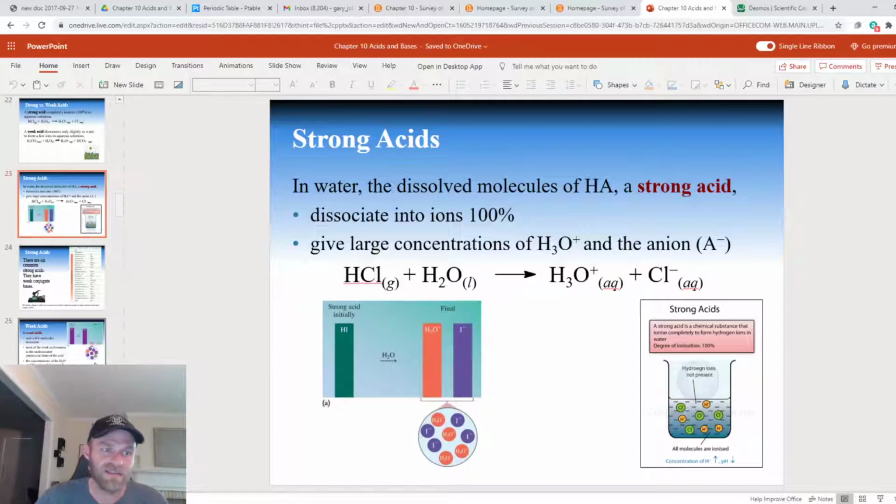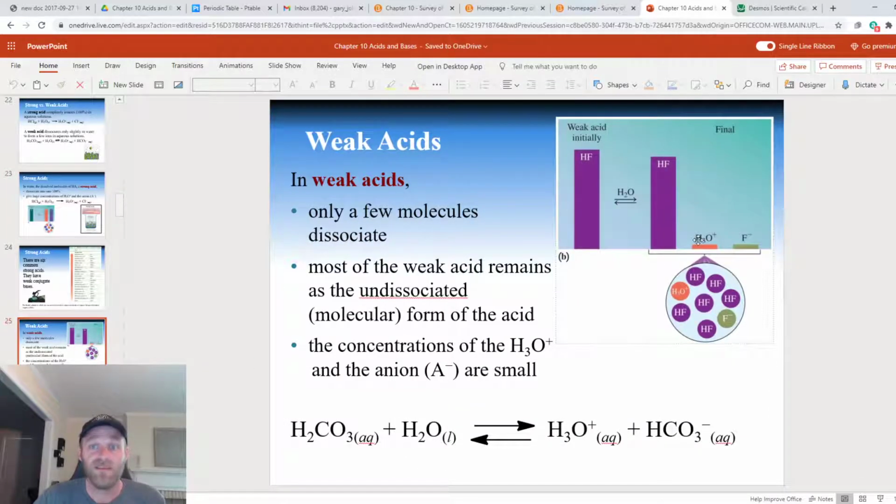On a weak acid though, this is that same chart. Notice here that the purple is HF together as one molecule. Now on the right, you'll see the hydronium or the H plus is very low compared to that HF, and the fluoride ion is very low compared to that HF.